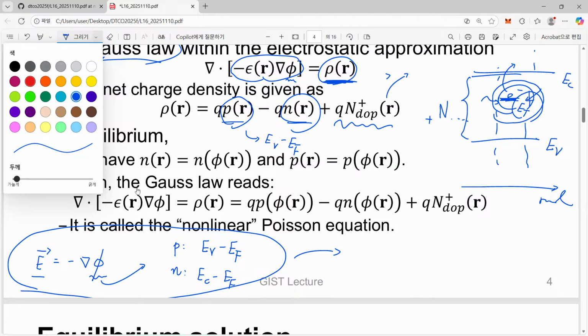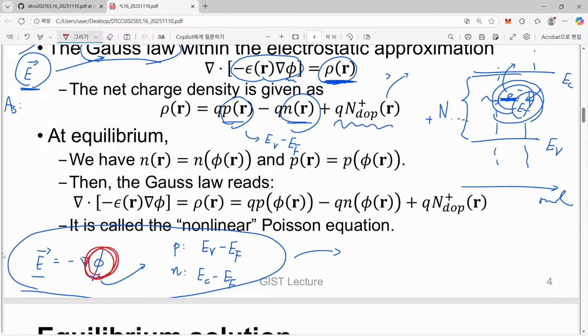Then maybe you can ask me this question: oh, we have several unknown variables seemingly, so how can we solve it? Please have a look at this one. What is unknown? We must understand the electrostatic potential, the valence band maximum, the Fermi level, and also EC.